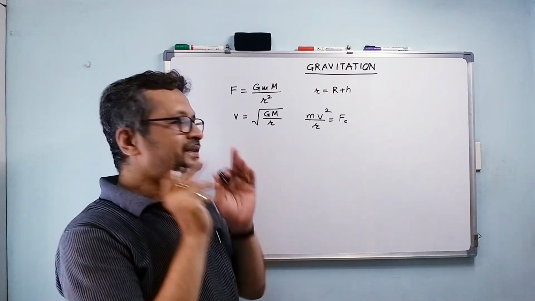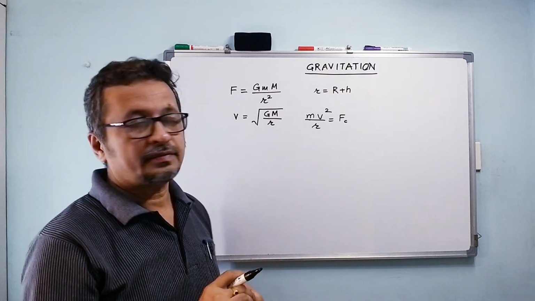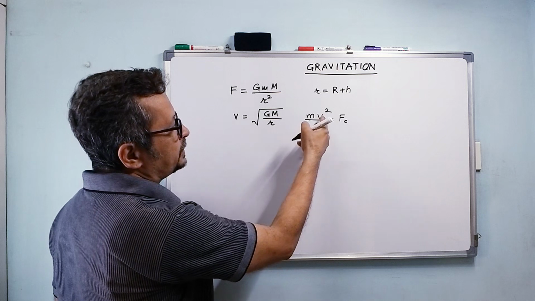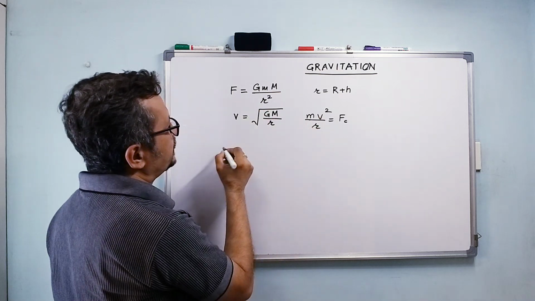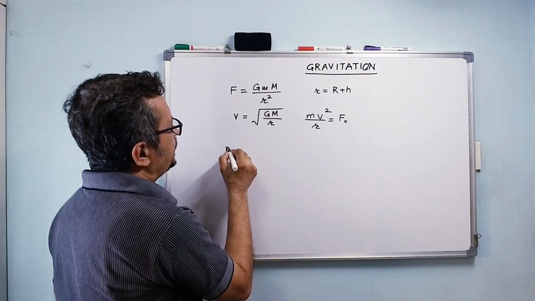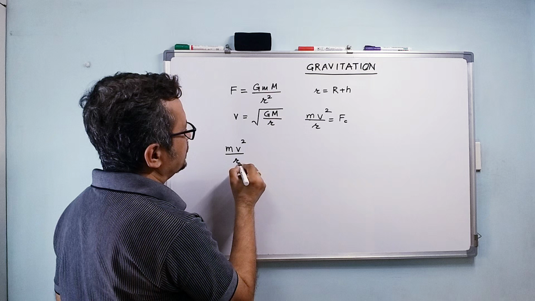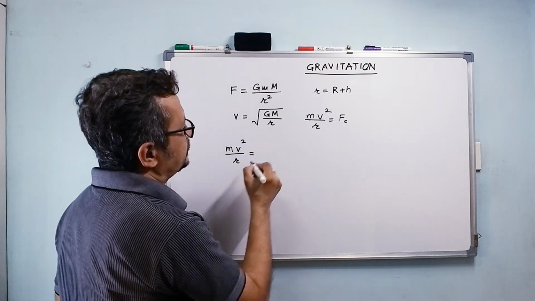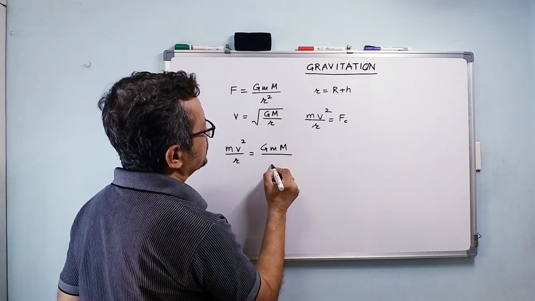And this centripetal force has to be equal to the gravitational force of attraction, correct? So let us equate that. mv square upon r is equal to GMm upon r square.